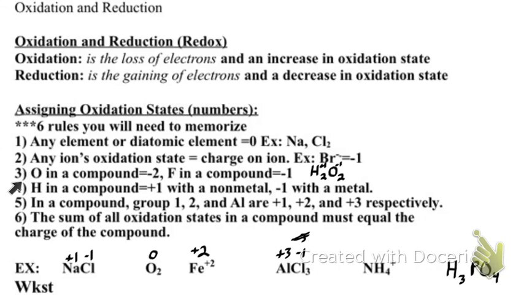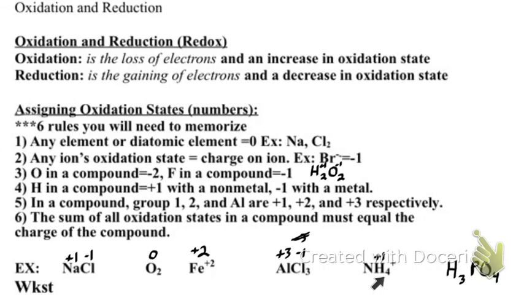So, then I'll go through number 3, which is oxygen, no oxygen or fluorine, hydrogen. Hydrogen in a compound. It's +1 if it's with a non-metal. Well, nitrogen is above the staircase on the periodic table, which makes it a non-metal. So hydrogen must be +1 since it's bonded to a non-metal.